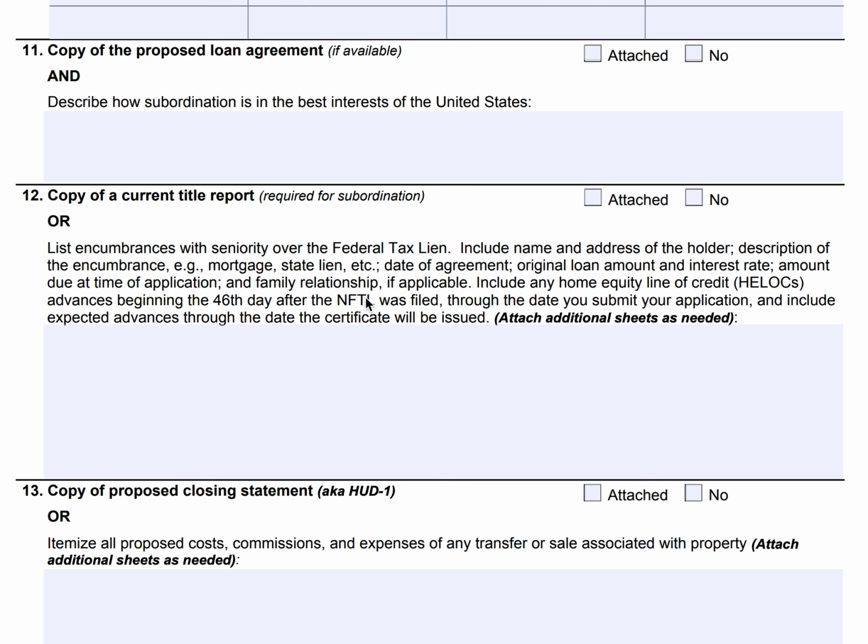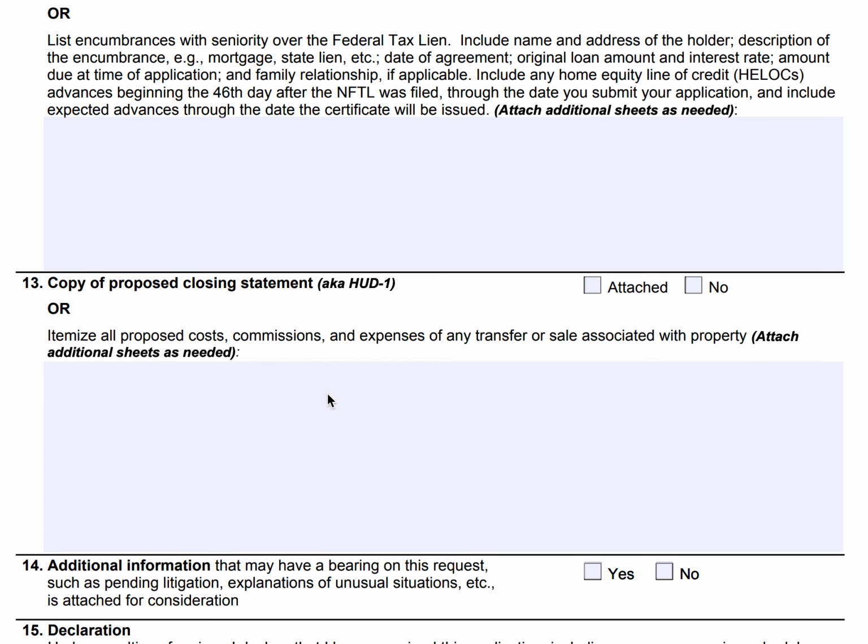For item 12, you'll attach a copy of the current title report. So, it would list the encumbrances with seniority over the federal tax lien. This should include any HELOCs, things of that nature. So outstanding loans that are based on that property.